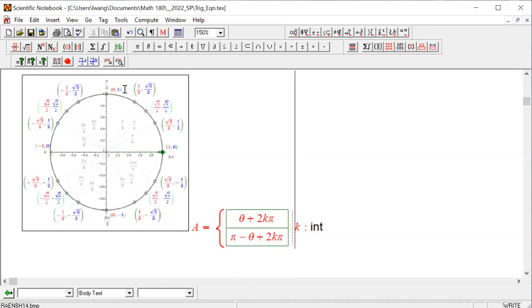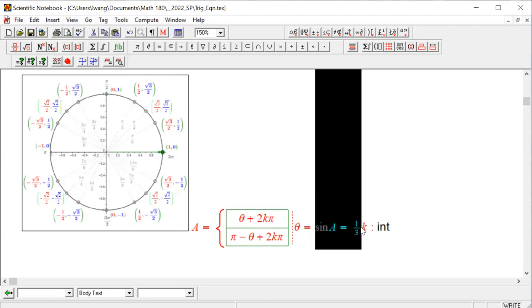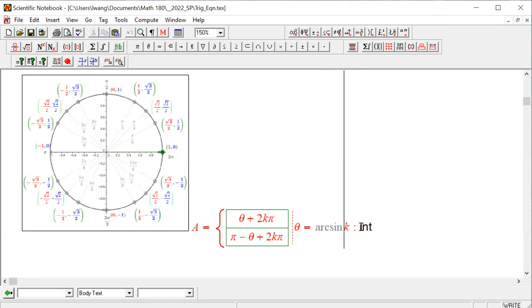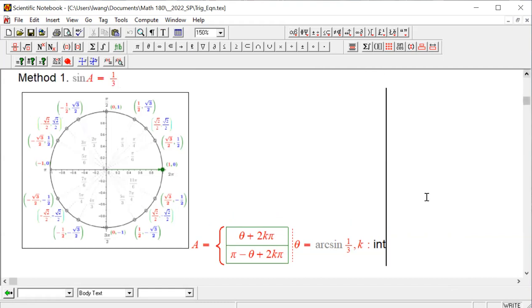So we represent theta equals arc sine 1/3, and k is any integer. That's how you can show your answer.